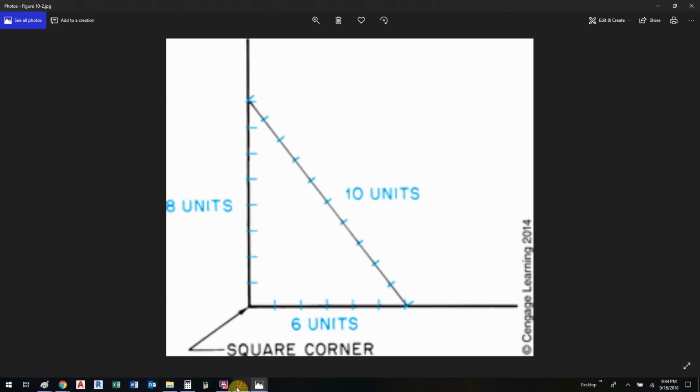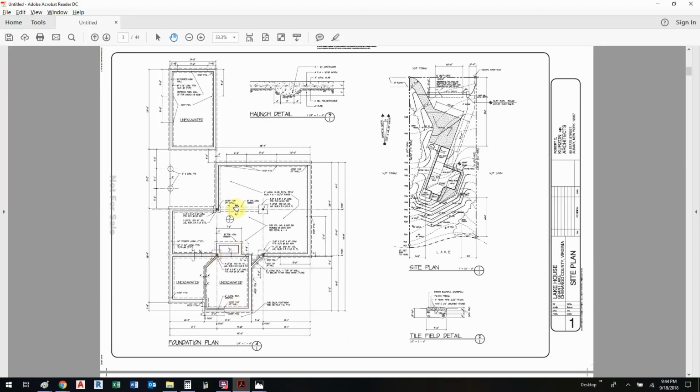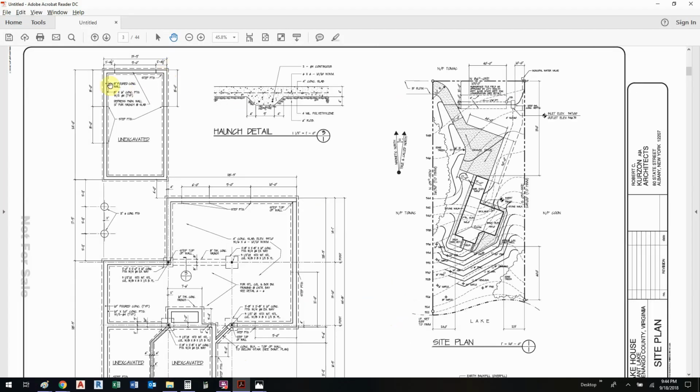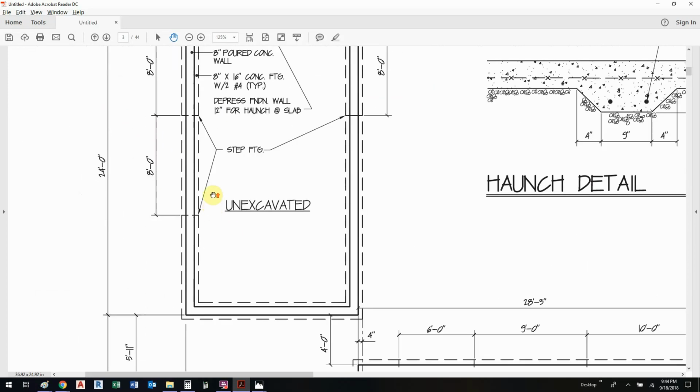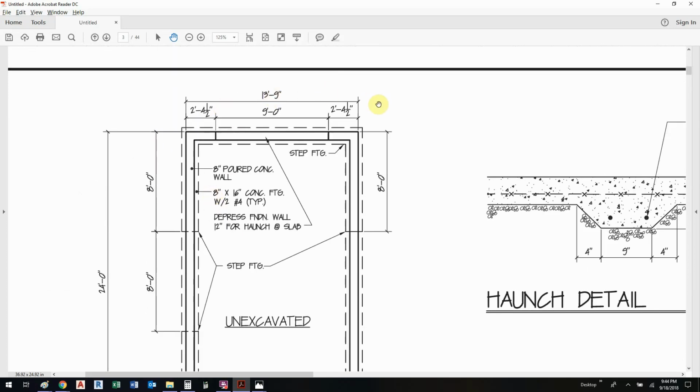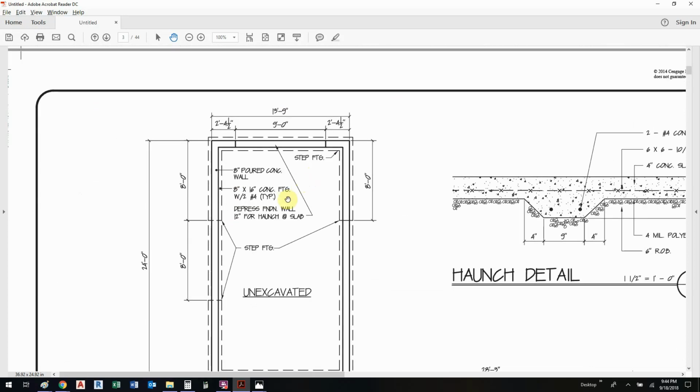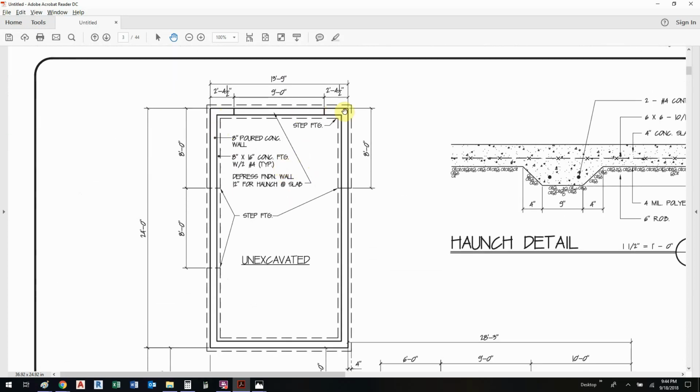So if we're looking at our house plan here, let's talk about the garage for just a second. We have a garage that is 13.9. So how could we do that to get as close as we can around here?